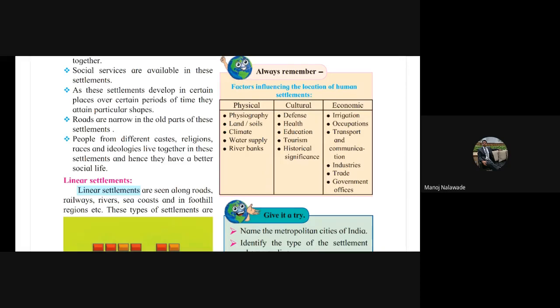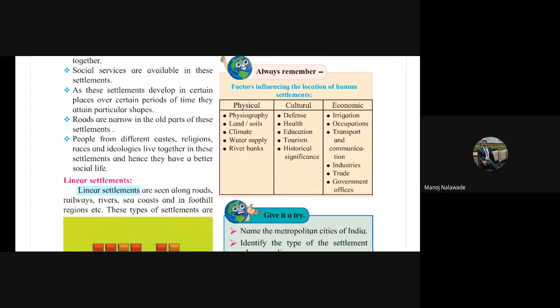If the climate is not good, like in Leh Ladakh, where there are different mountainous ranges and only snow, you cannot settle over there. So this type of physiography is not feasible for settlement. If there is an abundant supply of water, people will definitely choose to settle there.